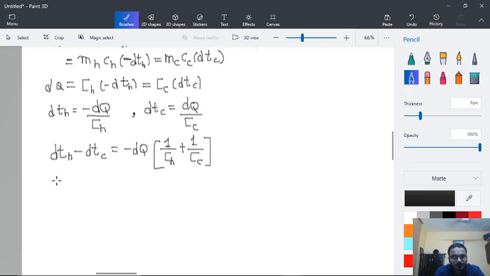So now you can write down d into TH minus TC here is equal to minus dq into 1 upon CH plus 1 upon CC.